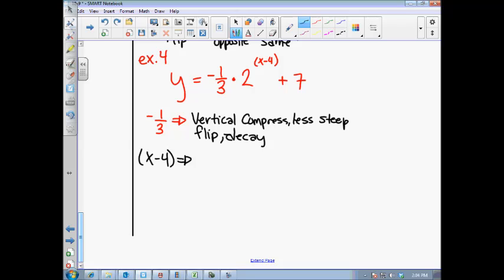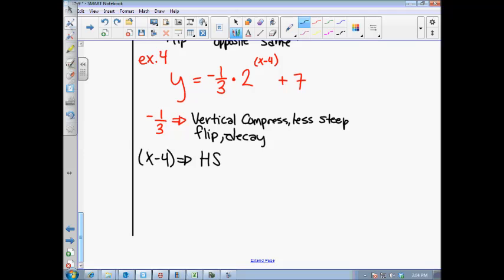Okay, Susanna, what do we have? What type of shift? Is it horizontal or is it vertical? X minus 4. The exponent. Horizontal shift, so HS. And remember we think opposite, same, so which way would it go?